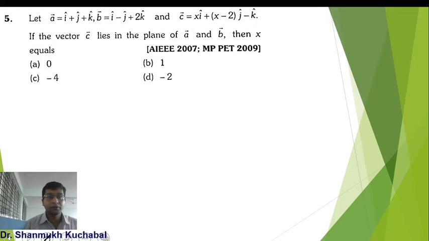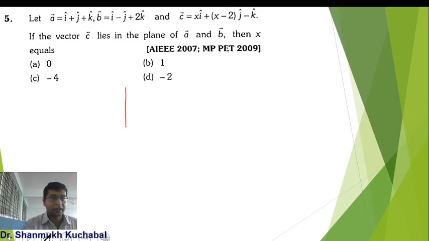Yes, so example number 5, vector A is given, vector B and vector C are defined. If the vector C lies in the plane of vector A and vector B, then x is equal to, we have to calculate. So lies in a plane means we have to take the i, j, k coefficients of the 3 vectors as a determinant and take it as 0, that is they are coplanar.